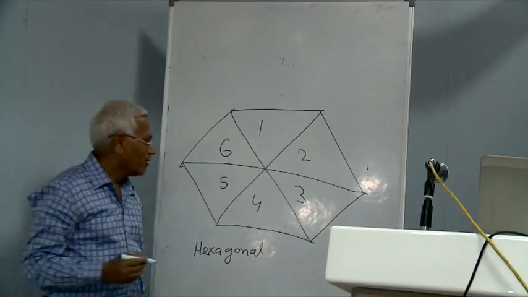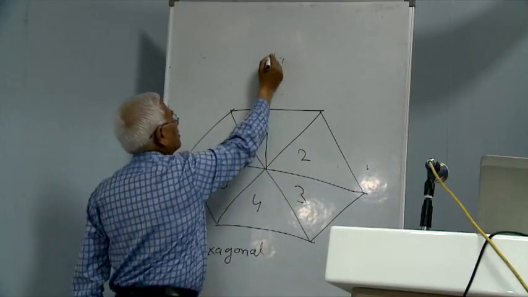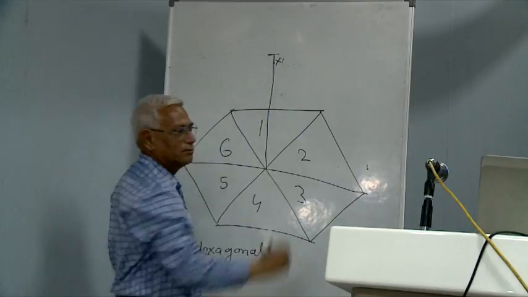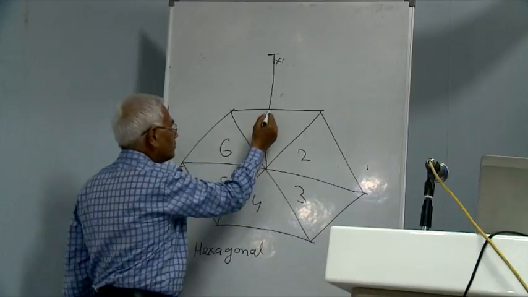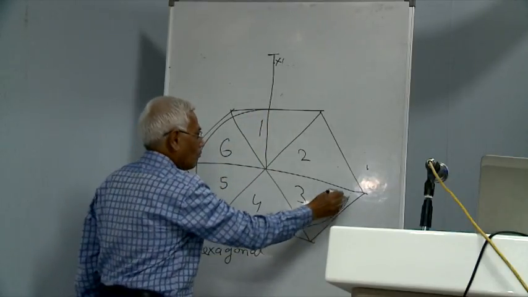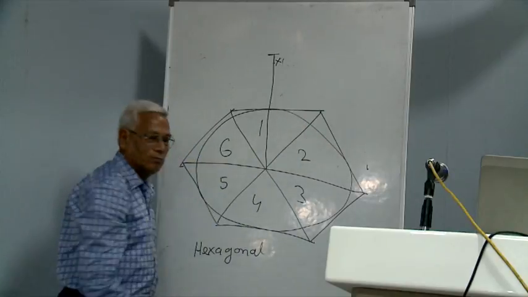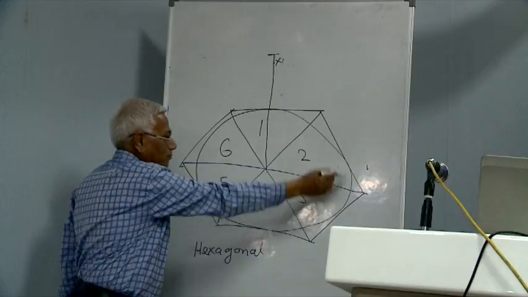Now let us see here. Put this transmitter at the center. This is your transmitter. Cover the internal boundary. Still some gap.